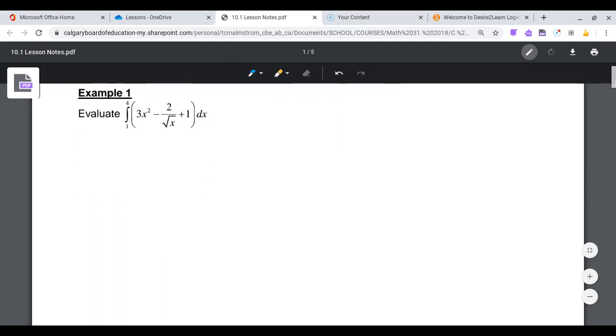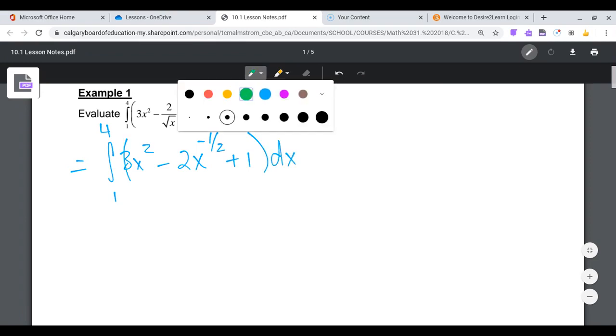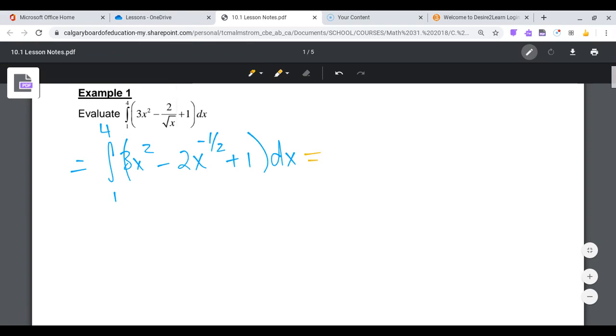Okay, so we're evaluating this function from 1 to 4. Those are our boundaries. So the integral from 1 to 4, I'm just going to rewrite this out, of 3x squared minus 2x to the negative 1/2 plus 1 dx, is equal to the antiderivative of 3x squared.